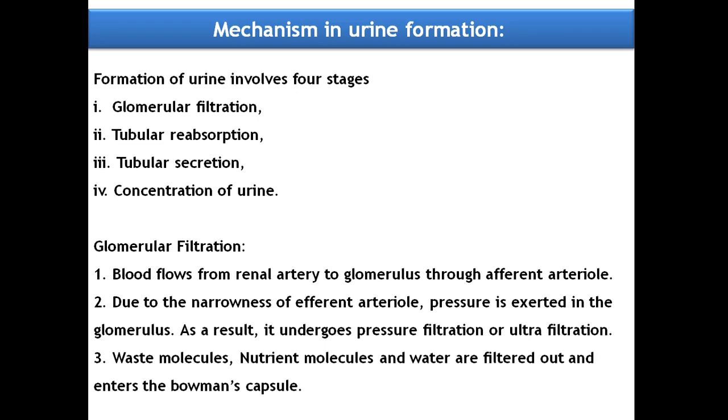Blood flows from the renal artery to the afferent arterioles. This arteriole divides into many capillaries called the glomerulus and again reunites into the efferent arteriole. Already we discussed this point. The diameter of the efferent arteriole is narrower than the afferent arteriole. Afferent means the arteriole which is entering into the Bowman's capsule.